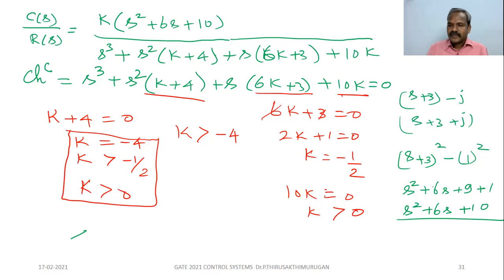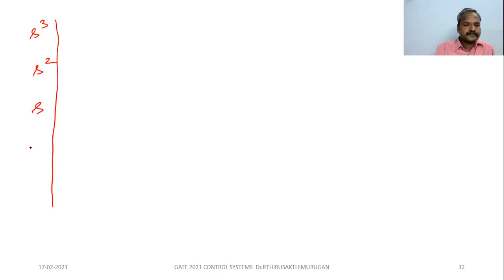Understand? So now let us form the Routh array table. So Routh array: s cube, s square, s1, s cube 1, 6k plus 3, then k plus 4, here is 10k.